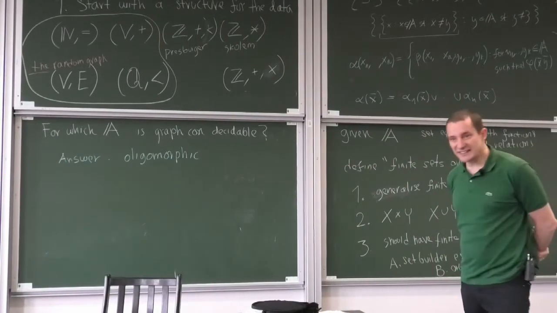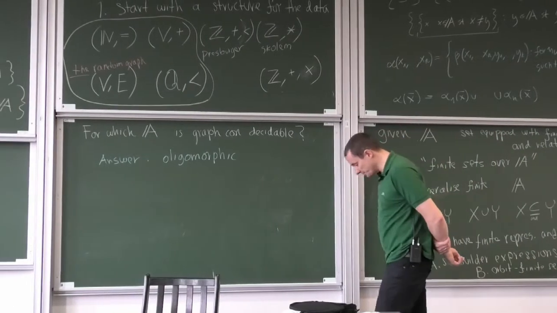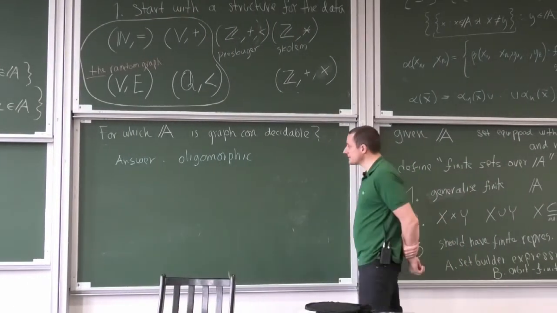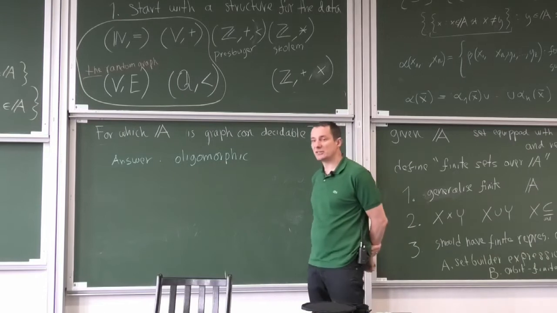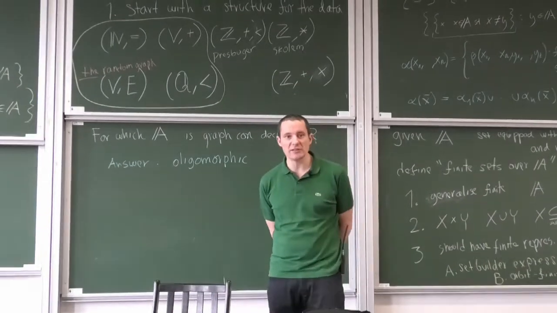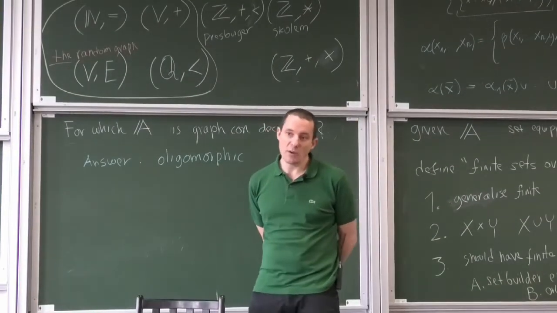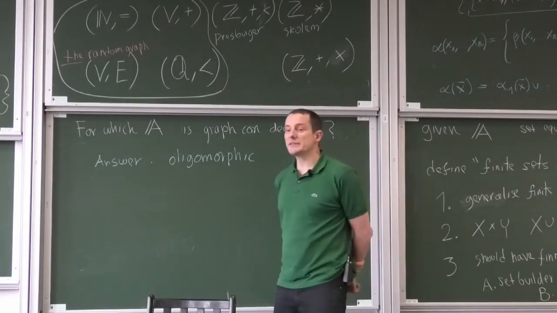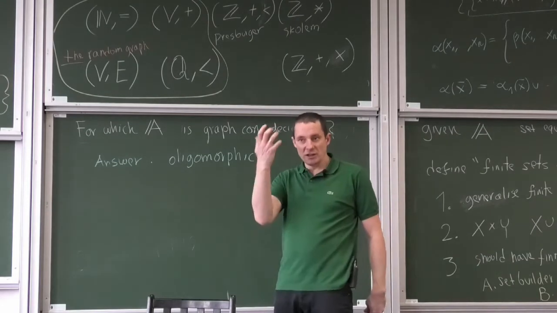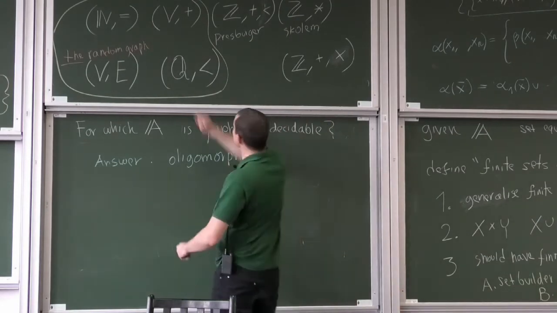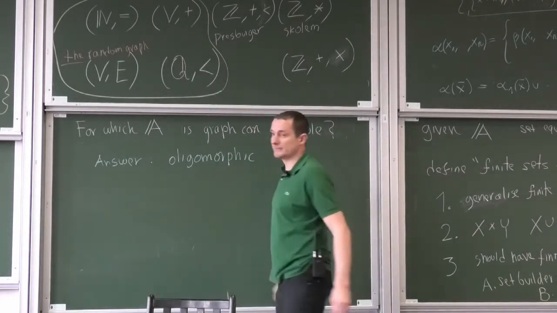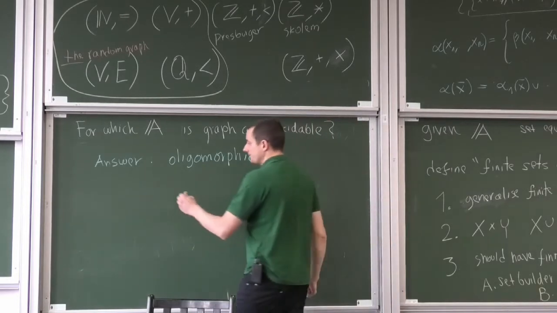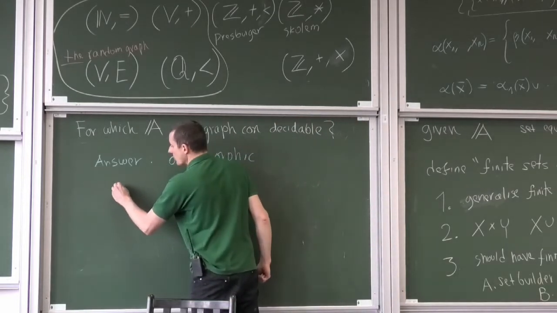But no, it's an actual standalone notion, and it has several different definitions, and this is what I will explain now, and this will be the end of this lecture. Okay? So, what is an oligomorphic structure? It's a property of a structure. And these will be oligomorphic, these will not. Okay? So, the key notion is automorphism.